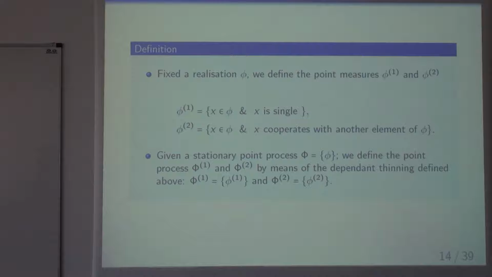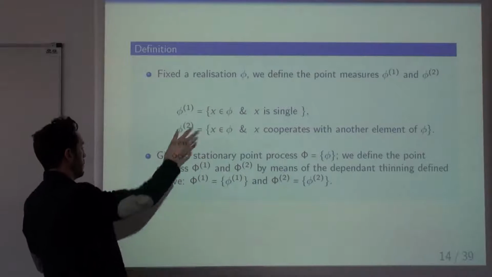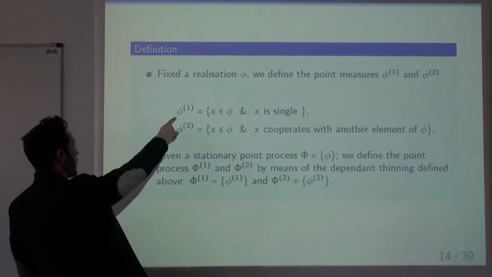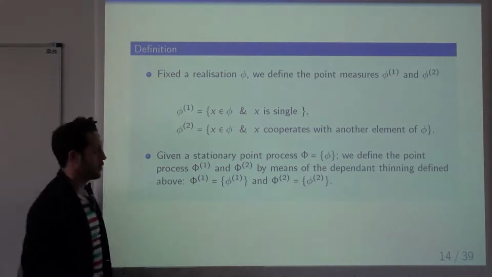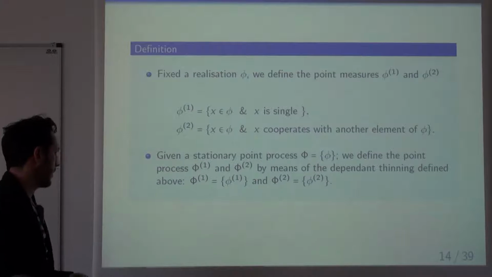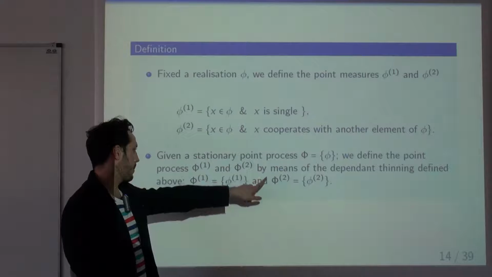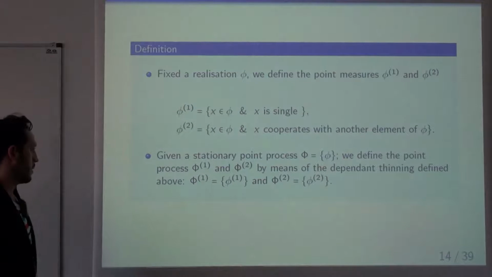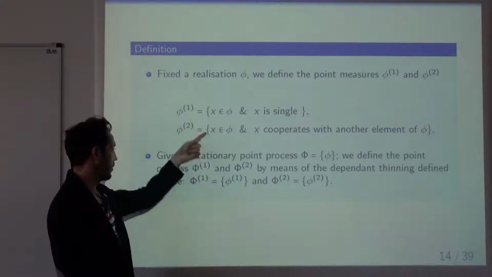So fix a realization phi. We define the point measures phi1 and phi2 just like this. Phi1 are all the single points of phi, and phi2 are those points that cooperate. And given a stationary process capital Phi, we define the point processes phi1 and phi2 by means of the dependent thinning defined above.